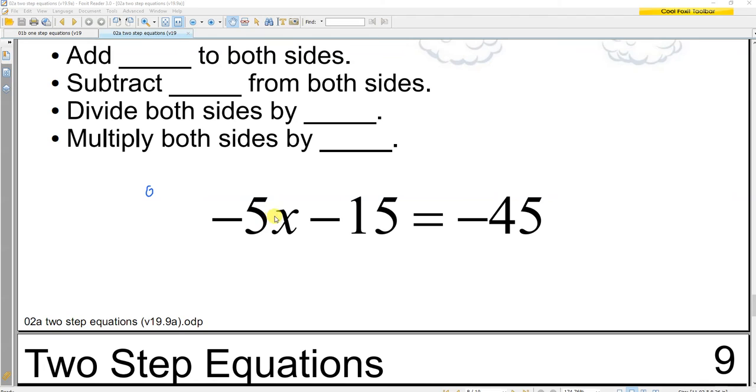And I've told you, sneak up on it. Don't go right to the 5, deal with the 15. So I'm going to add 15 to both sides. Negative 5x equals negative 30. Dividing both sides by negative 5, x equals 6.